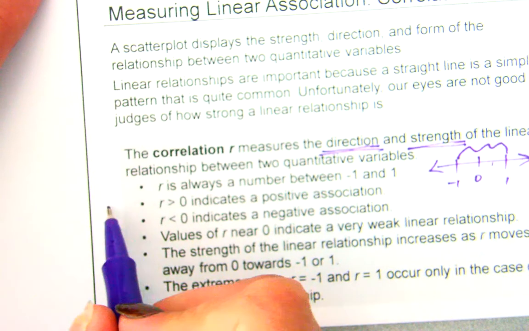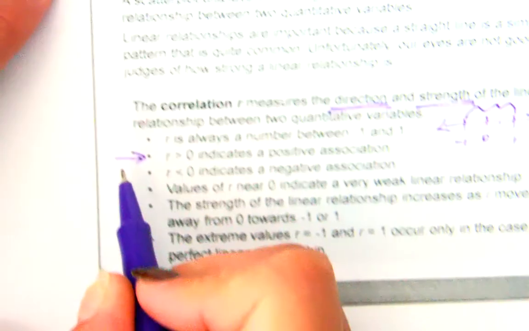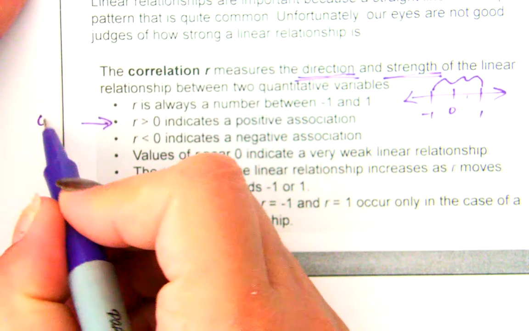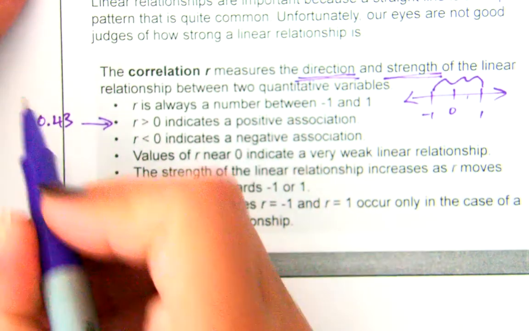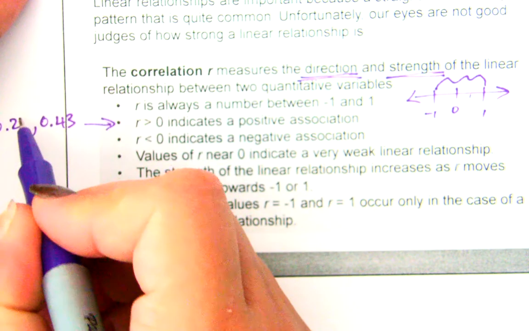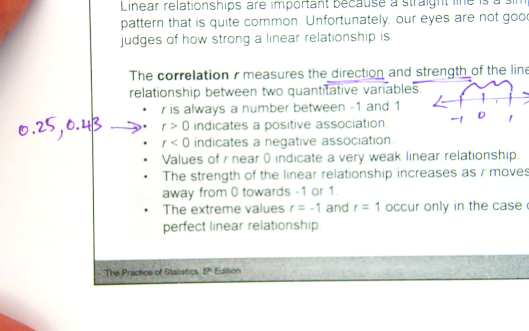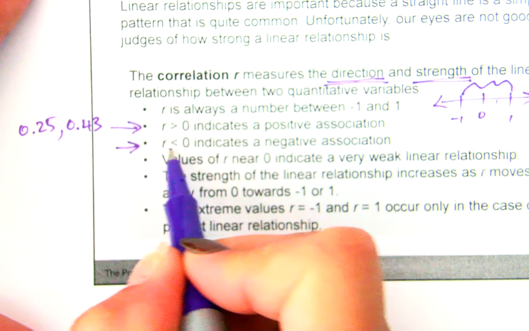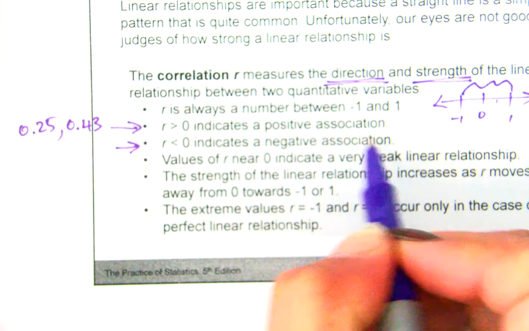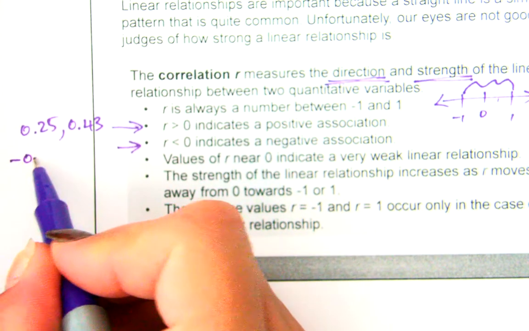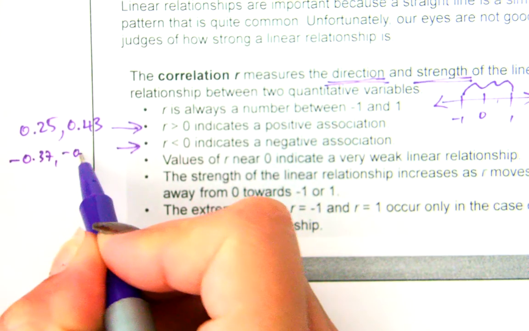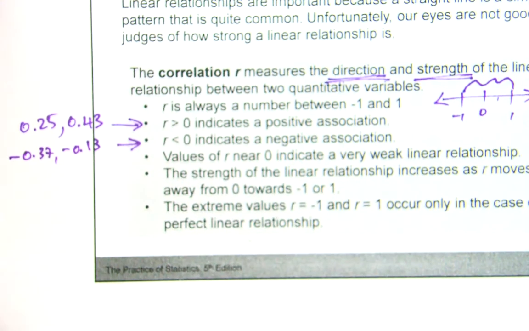So, for example, for a positive association R would be 0.43 or 0.25 or something like that. If R is less than 0, it indicates a negative association, so it'd be something like -0.37 or -0.13 or something like that.